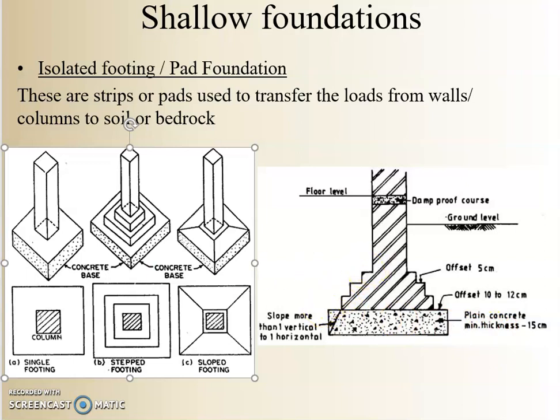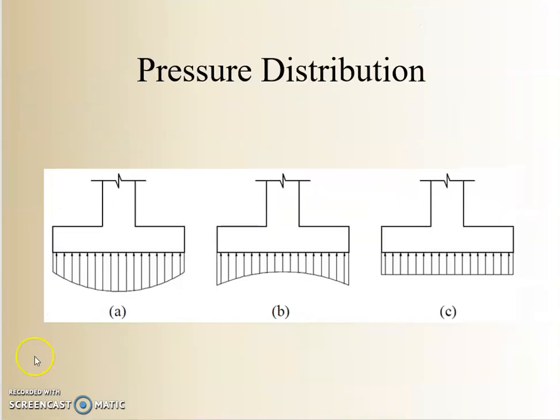Now, in such cases, when you have these kinds of rigid foundations, how is the pressure distribution? If you look at the pressure distribution diagrams, the diagrams A, B, and C, they're different types of diagrams. Now, how is it that exactly the same type of foundation has a different type of pressure distribution?